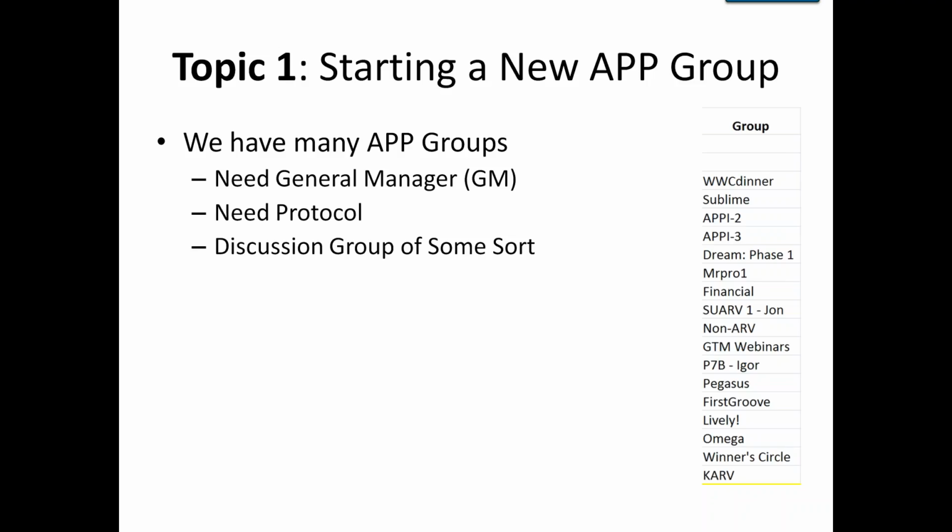But the point is that those discussions, once the group is formed, and even in the final phases of the group formation, are not done on the app discussion group. The first thing is to find out the people that are interested, and then you take it offline. So that is one part of it.